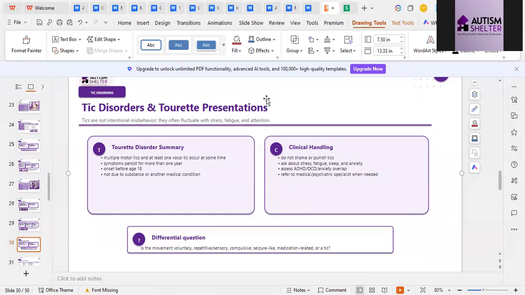Tics are not intentional misbehaviors. They often fluctuate with stress, fatigue, or attention.